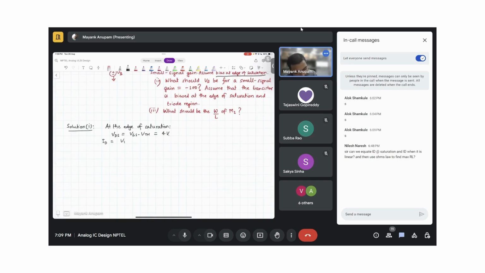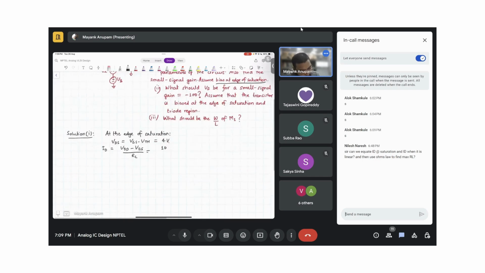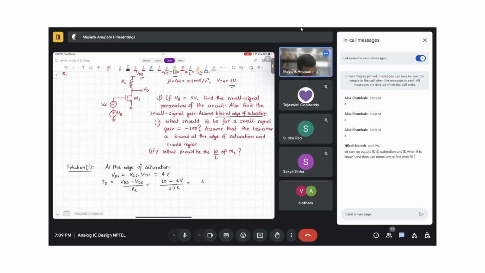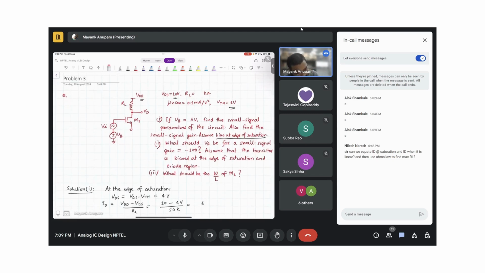Current ID is going to be VDD minus VDS upon RL. VDD is equal to 10 volts, right? 10 volts minus VDS equal to 4 volts upon RL, which is 50 kilo ohms. So 6 by 50, that's not a very good number. So assume it is 60.